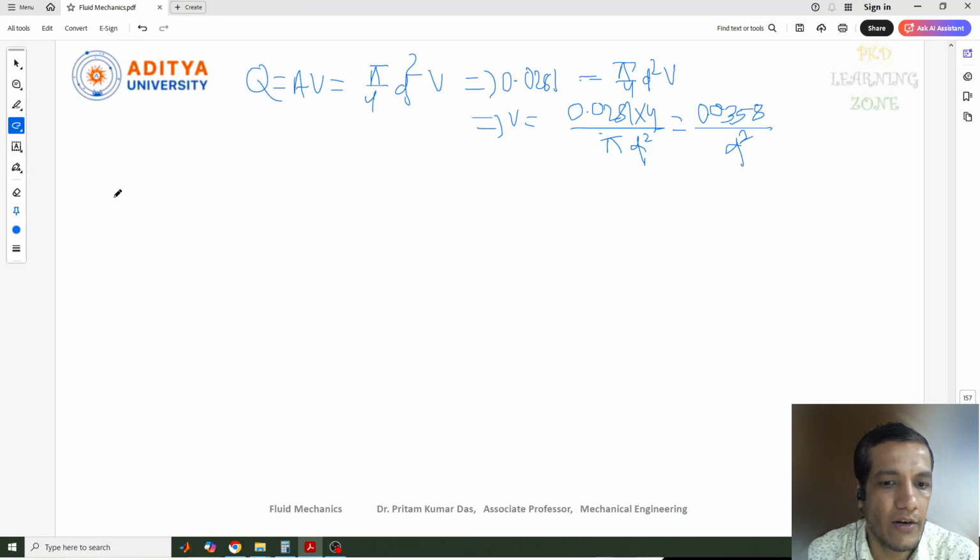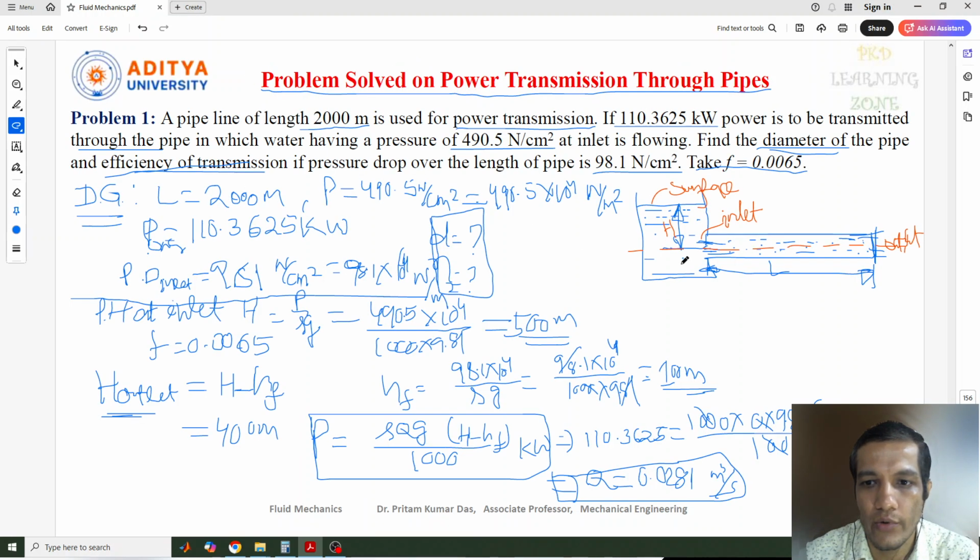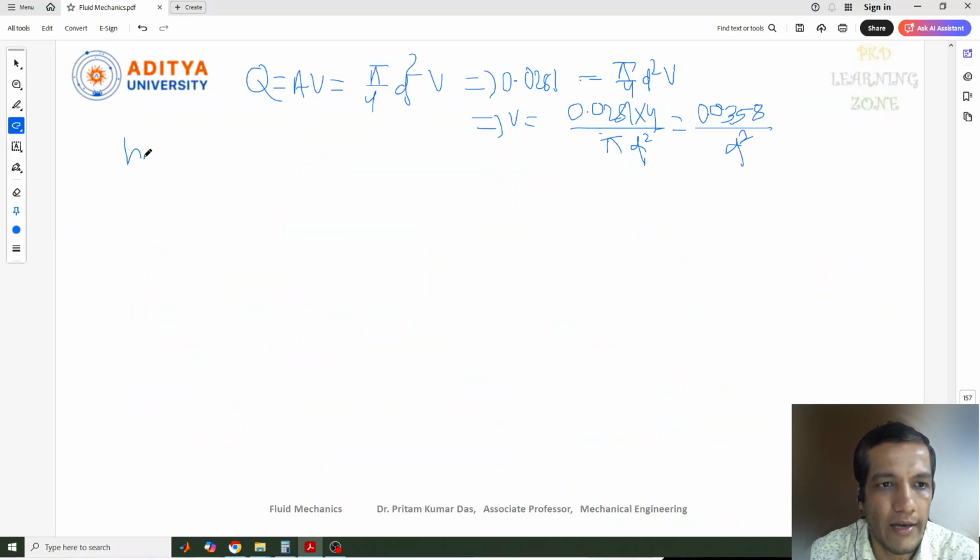Now we know the head loss at this fluid flow, we can write HF equal to 4FLV square by 2dg. So now here HF value we have already found from the previous equation.